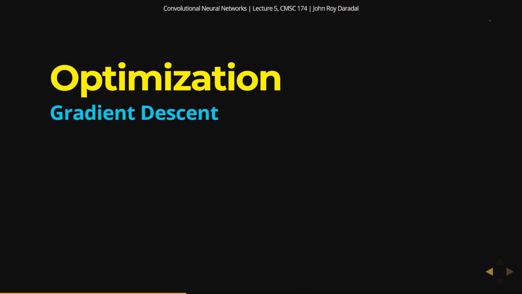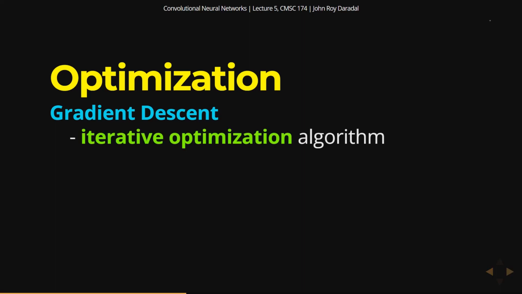Okay, so now that we are familiar with loss functions, we can now try to find the best model by doing optimization using the gradient descent algorithm. Gradient descent is an iterative optimization algorithm. Iterative meaning it iterates a lot of times, right?